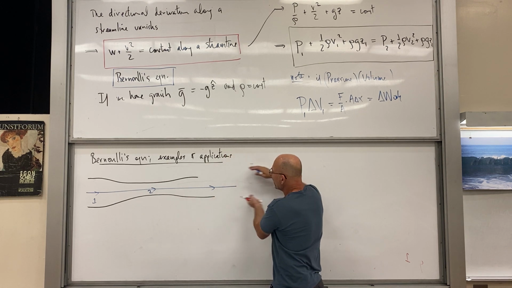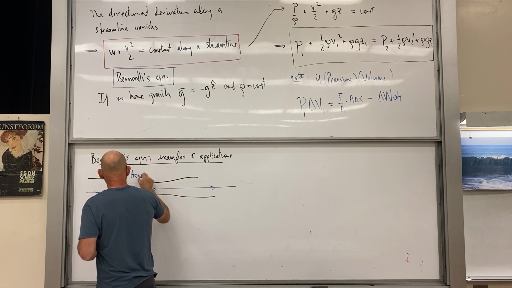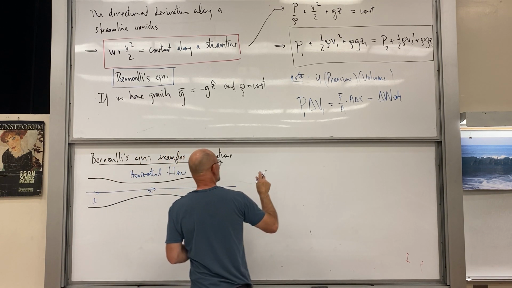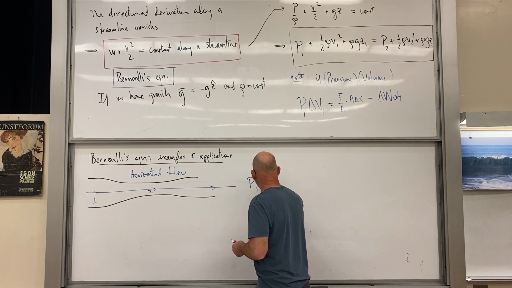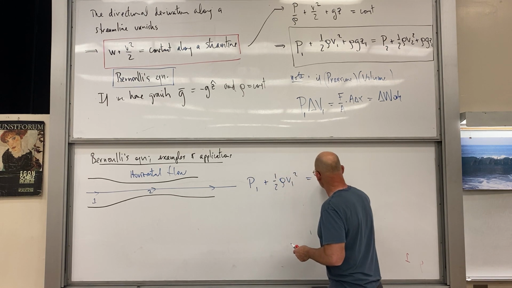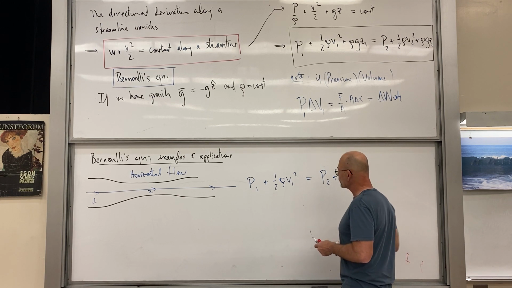And notice we're also on the horizontal, so we've got a horizontal flow. And that allows us to write Bernoulli's equation here as P1 plus 1/2 rho V1 squared equals P2 plus 1/2 rho V2 squared.